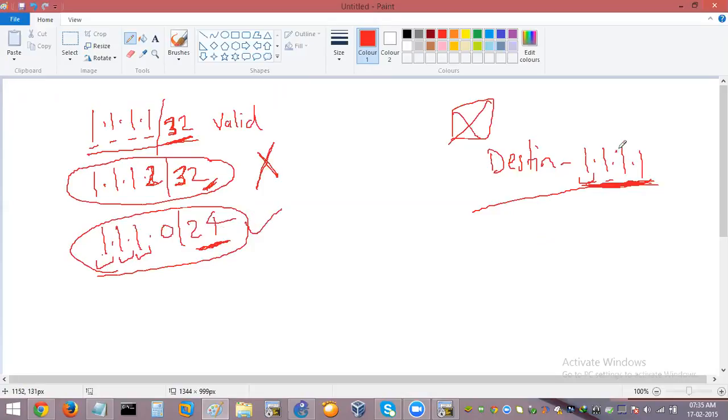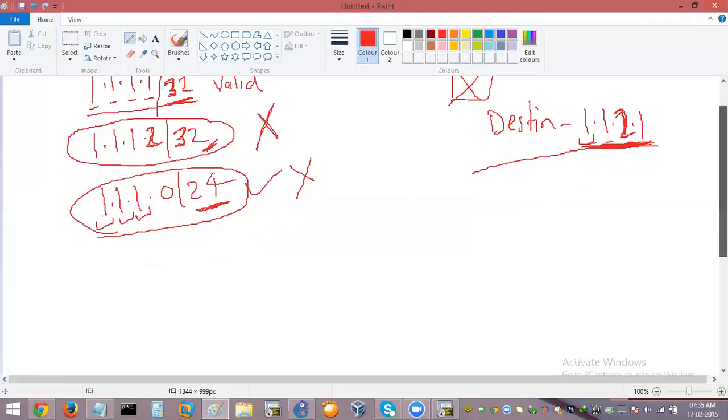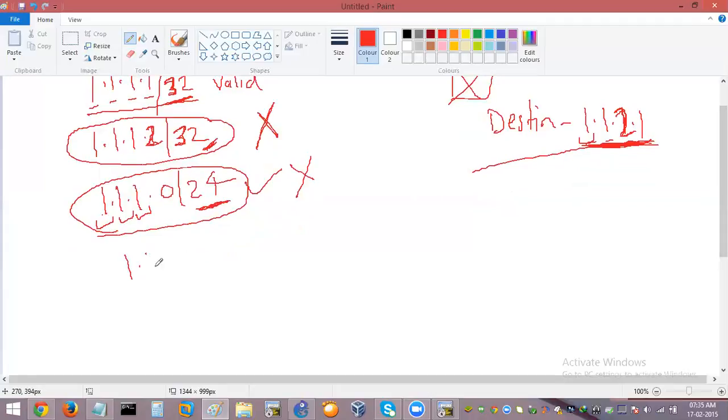Now, if I have a destination of 1.1.2.1, then this route becomes invalid, right? Then 1.1.0.0, if you have /16, then this route becomes valid for this, because based on the /16, this says I'm only going to match the first 2 octets with the destination IP address, which is actually matching in this case, 1, 1.